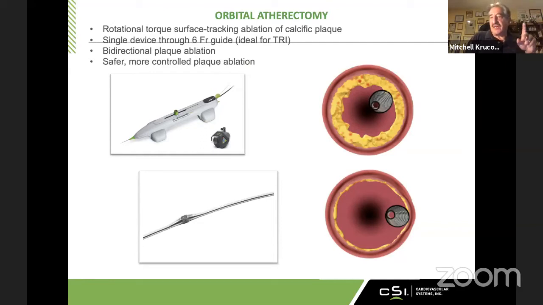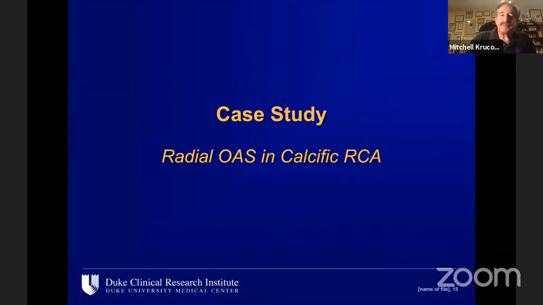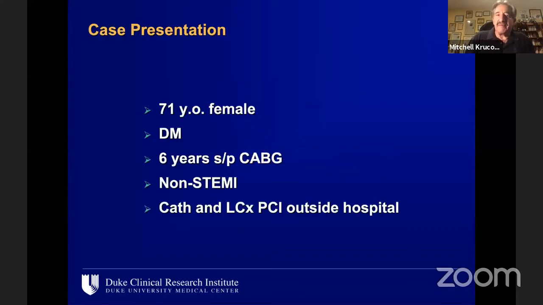With this device's bidirectional cutting, you can make a curve go up by pushing and then come down and flatten, pulling back, and create a much more generous ability to selectively and in a controlled fashion ablate tissue in a lot of calcific settings. So that's my tool of choice. So here is a case study to illustrate a little bit of that, and then I'll stop for purposes of time.